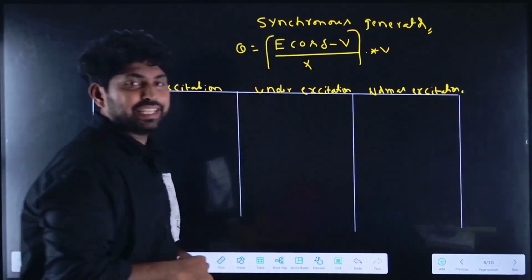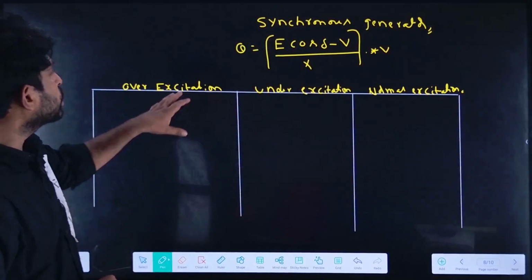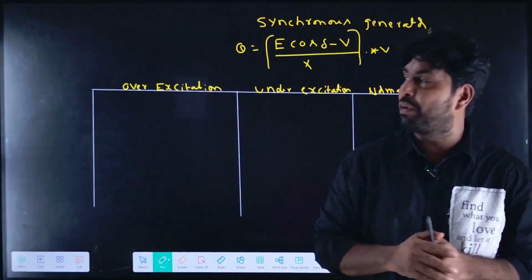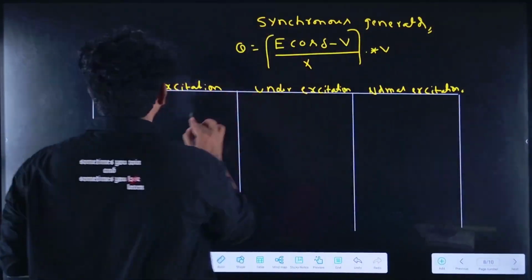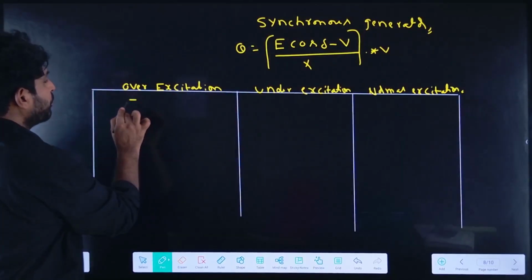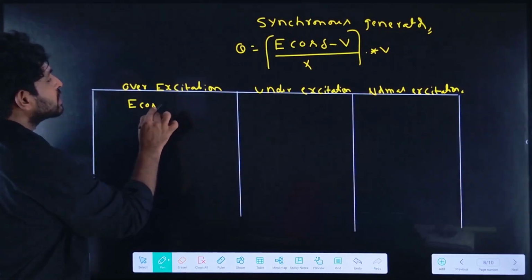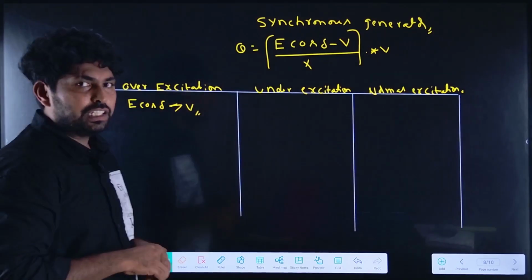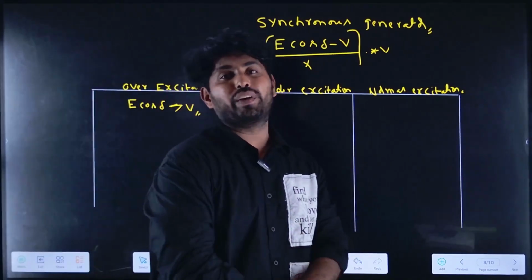Let me take these three cases. Now, what is over excitation? The excitation should be more than the terminal voltage. That is, when E cos delta is greater than V, we can call this condition over excitation.